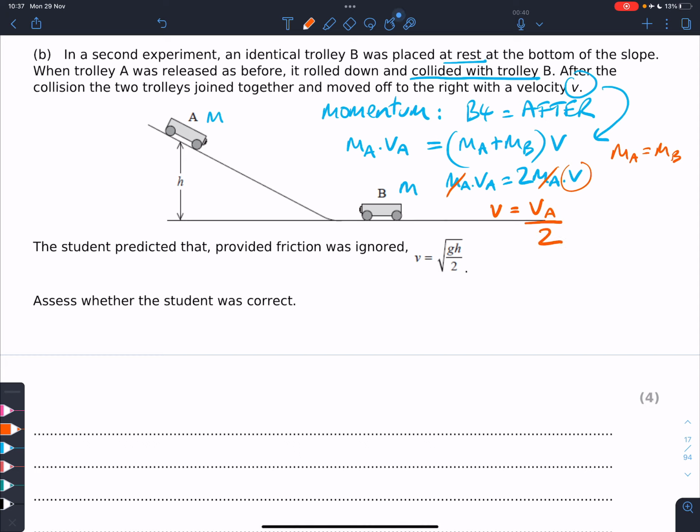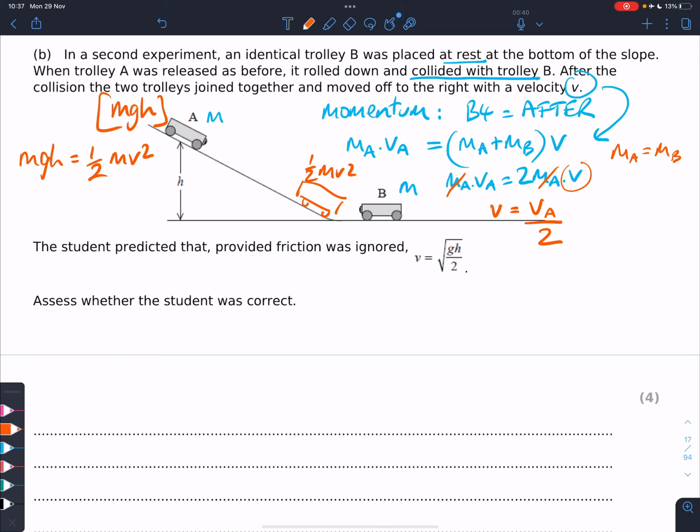Right, so now we've got to find the initial velocity of A, and we can do that by using the conservation of energy, which says that the mgh, the potential energy at the beginning, is going to turn into kinetic energy, half mv squared. So let's do this bit. mgh equals a half mv squared.